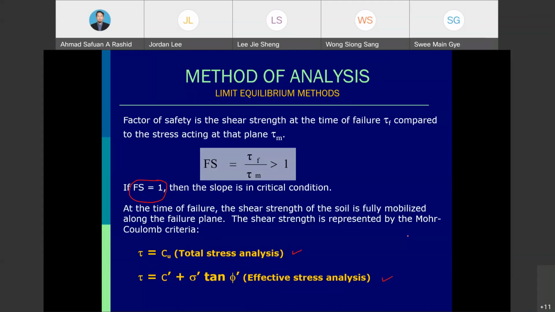That's why the effective stress analysis is more popular to be used, because here we can include the pore water pressure.